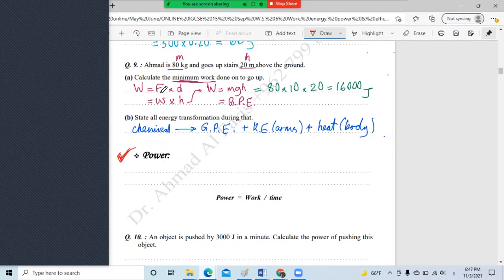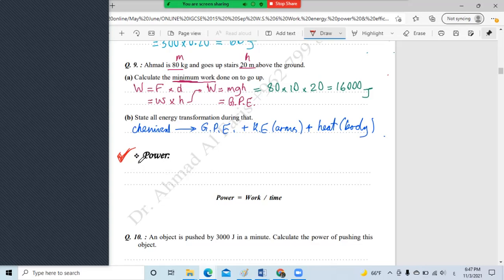The weight is the force to lift any object upwards, and the distance to lift upwards is the height. Okay, so write down. The unit is joule per second, which we call watts.